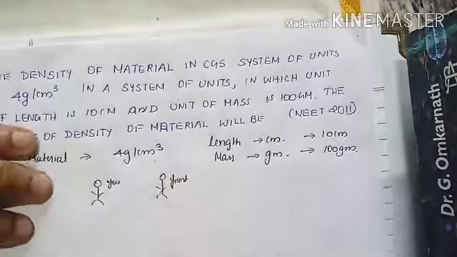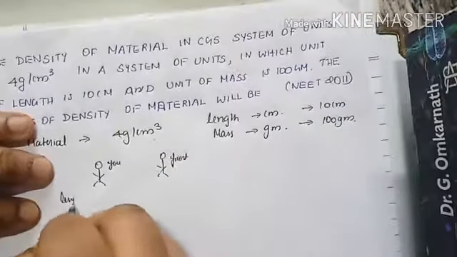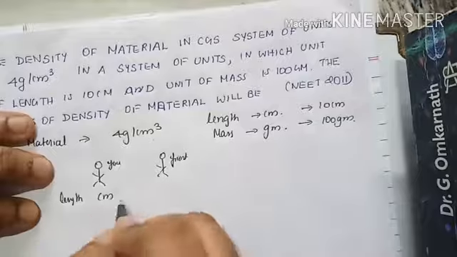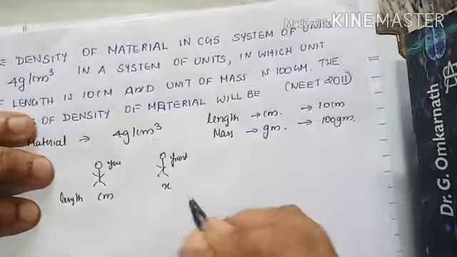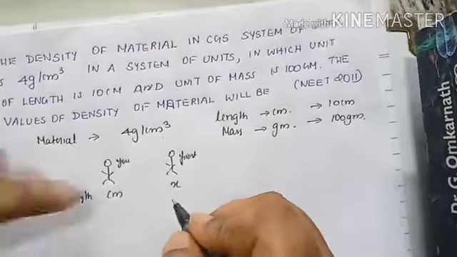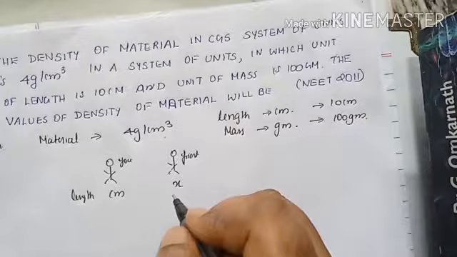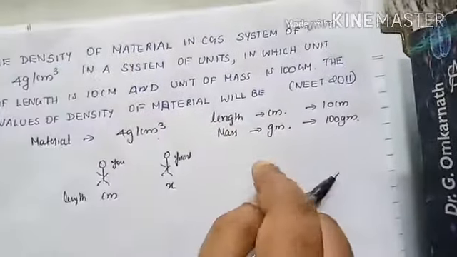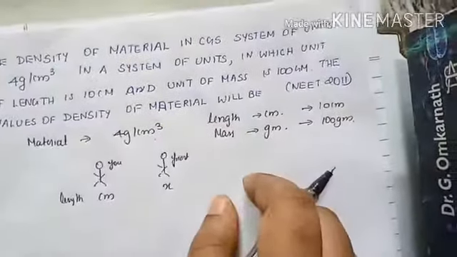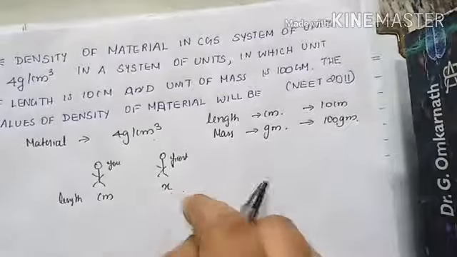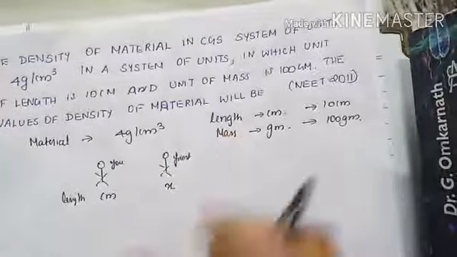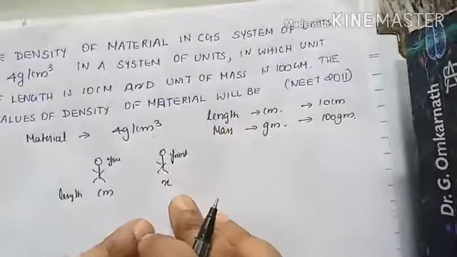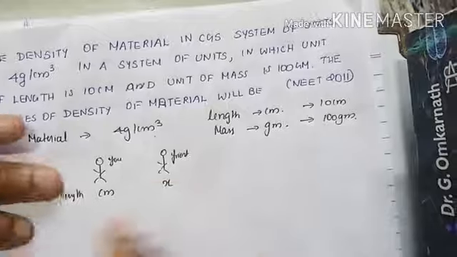For you the length unit is centimeter, but for your friend, let's say x, the length unit is x. It's not centimeter. So if he has a rod, he will say this rod is of 10x. But at the same time, you will say the rod is of 5 centimeter, like that. So the friend's unit of length is x.